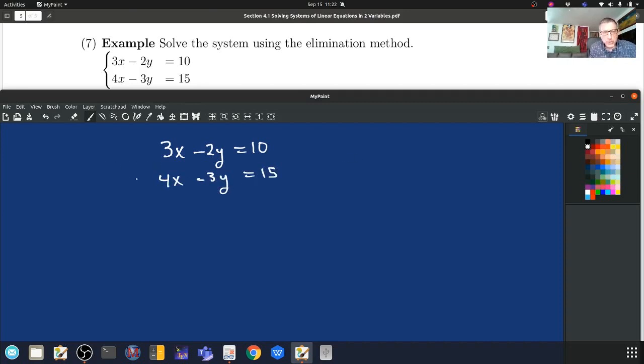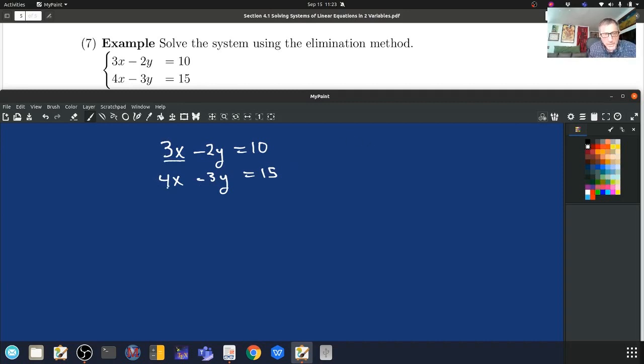So here's the point. I have to multiply the top equation by some constant and the bottom equation by some constant so that, and we'll choose the x value here, the coefficient of x in one equation is the opposite of the coefficient of x in the other. I'm going to focus on this term right here, just looking at coefficients.